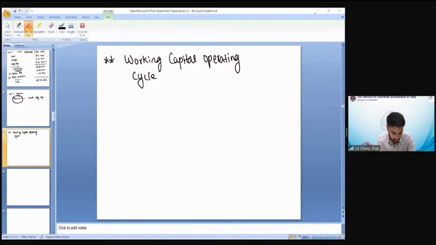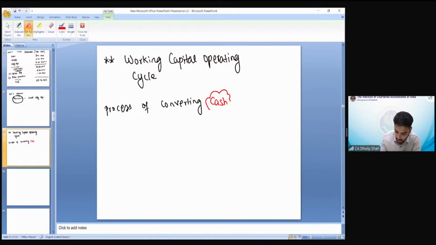Krishna, tell me, what do you mean by time to convert raw material in FG and into cash? Rotation of working capital. Correct, correct. So in simple terms, it is nothing but the process of converting cash back into cash.